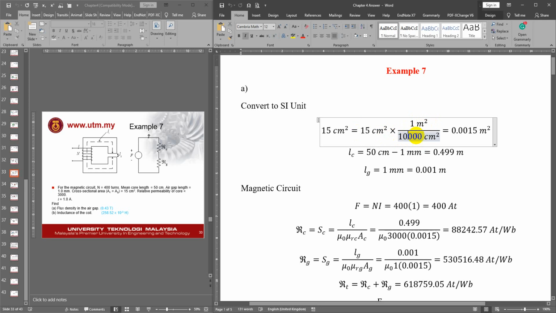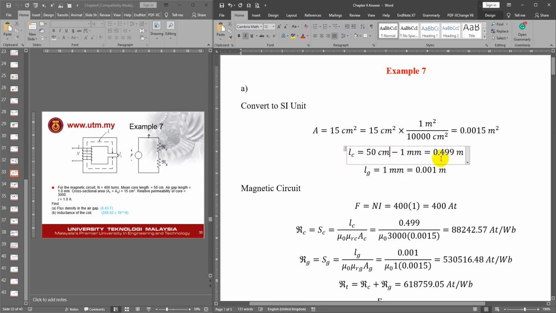How to do this: 100 cm is equal to 1 meter, so 100, and because it is squared, you have to put it twice. Try to remember how to convert this, and then this is the area, A equals.